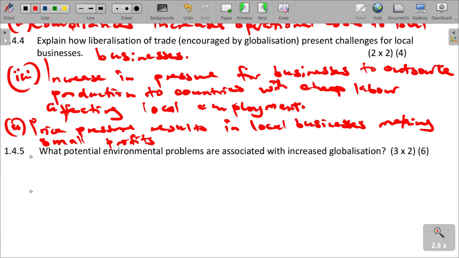What potential environmental problems are associated with increased globalization? These challenges are quite many.